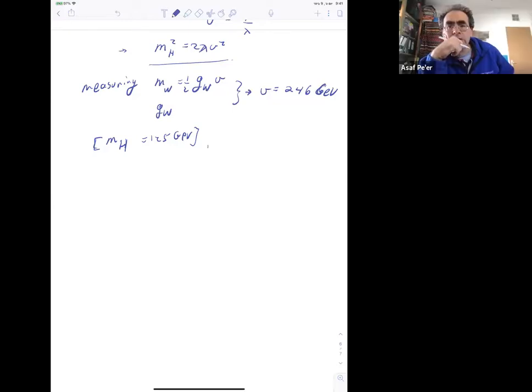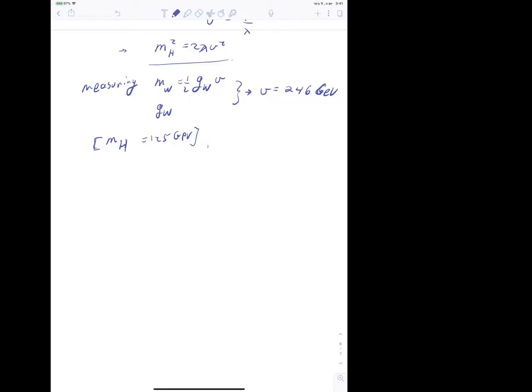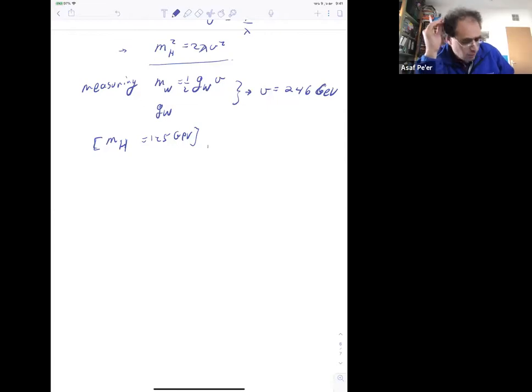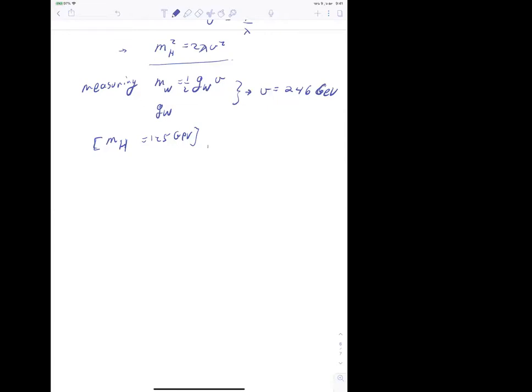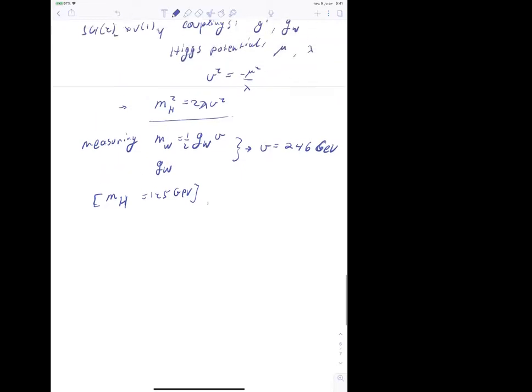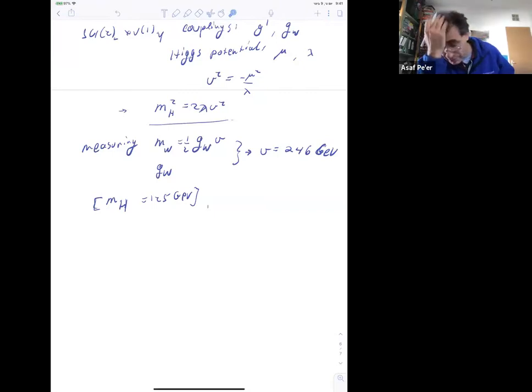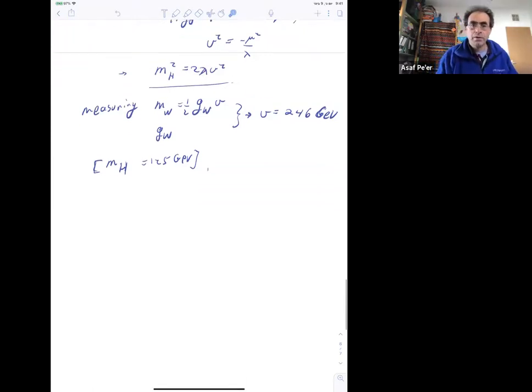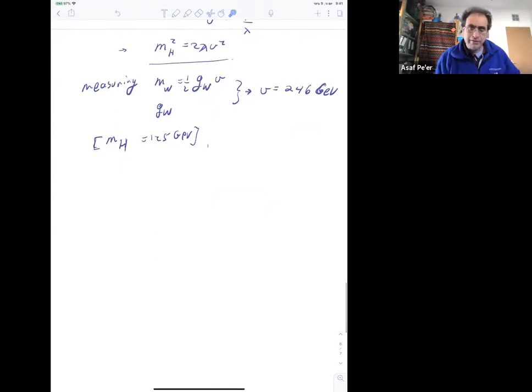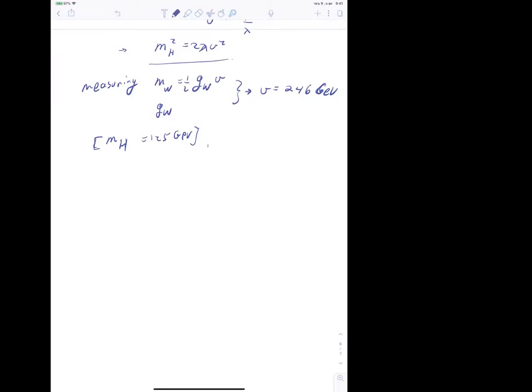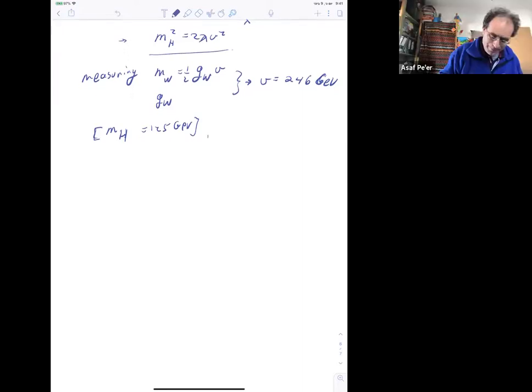So lambda seems like it might be very close to 1/8, a very simple rational number. Do we have any explanation for that? No, I don't know of any. All right, lambda should be 1/8 roughly. It's not exactly 125, it's 125.6, by the way, if you want to be precise. And 246 is not exactly 250, but they're still very close.